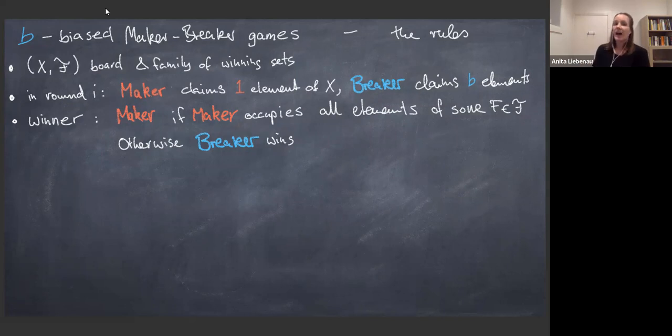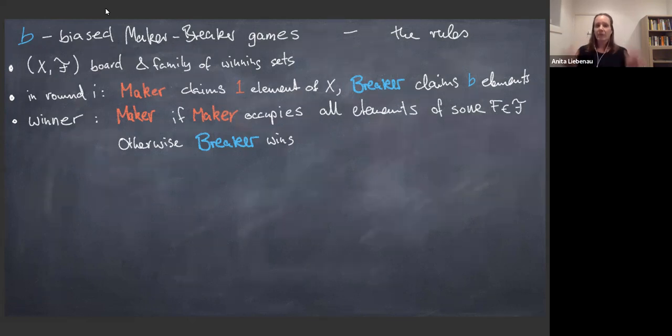The game is played in rounds, and in one round, maker claims one previously unclaimed element, say she colors it red, and then breaker plays with a bias b. I'm calling this a b-biased maker-breaker game. Breaker claims b previously unclaimed elements of X.